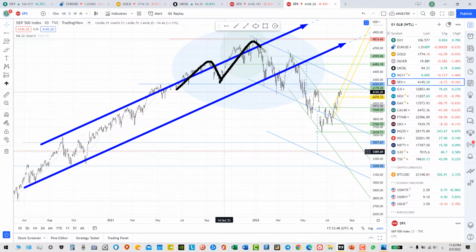This sideway formed a reversal pattern, which was a giant head and shoulders with a neckline running through 4,245. This level is very, very important. It's critical.